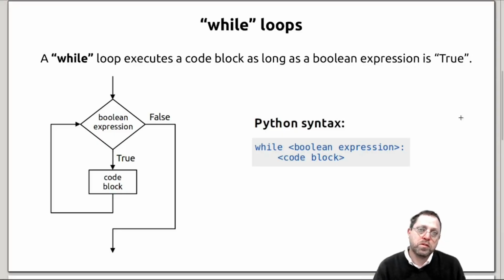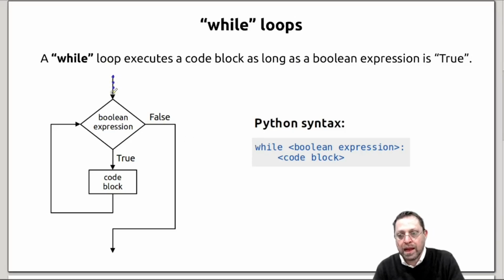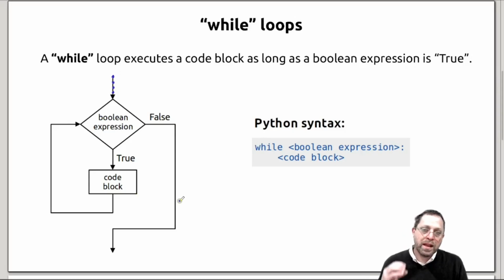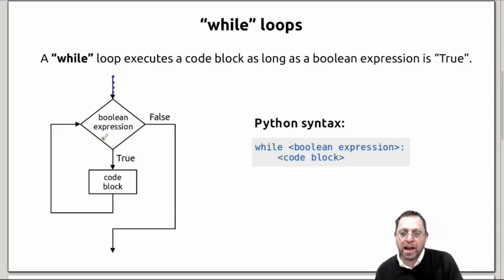While loops are one of 2 looping mechanisms in Python, the other being the for loop. So this diagram illustrates how while loops work. A while loop executes a code block as long as a Boolean expression remains true. So you have your interpreter, it's coming along evaluating lines of code, and when it encounters the while loop, the first thing that it's going to do is evaluate its Boolean expression.